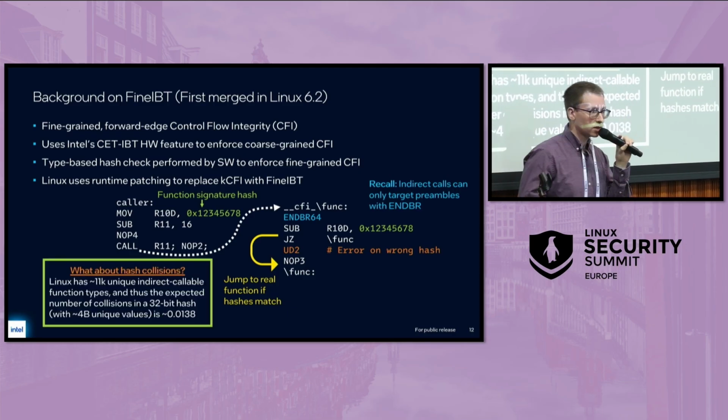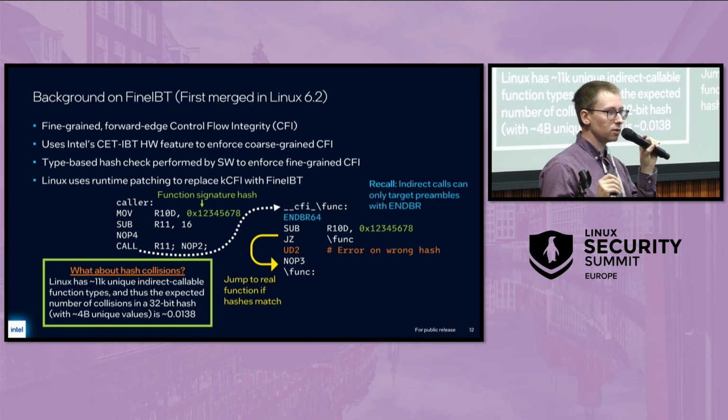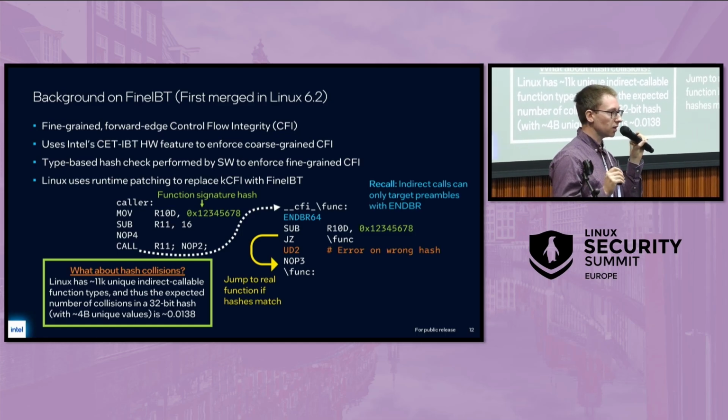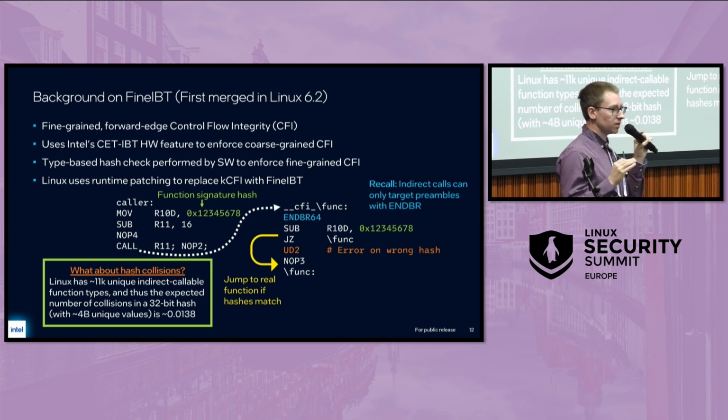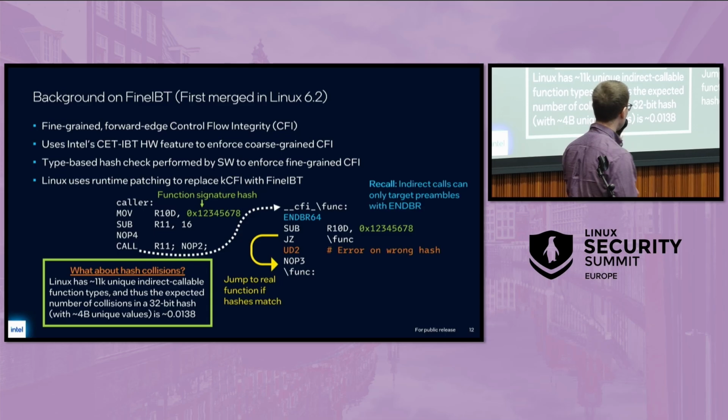So what about hash collisions? I mentioned there are tens of thousands of unique indirect call targets, but the hash is not produced by the call target, it's produced by the type of the call target. And there are only about 11,000 unique indirect callable function types in the Linux kernel as of the last one I scanned, which is maybe 6.11, so not so long ago.